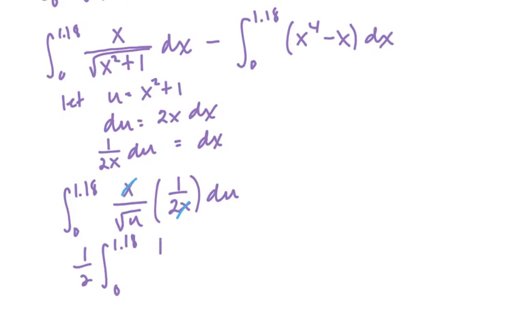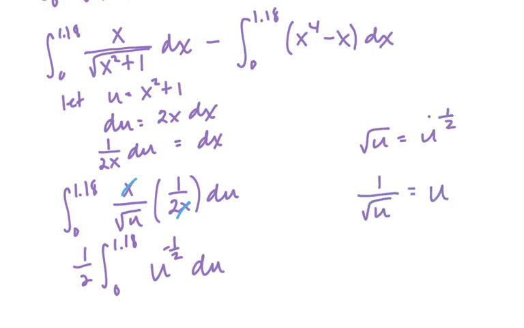And instead of writing 1 over the square root of u, let's write u to the minus 1/2 du. Remember that the square root of u is the same thing as u to the 1/2. And if it's on the bottom, then when it moves to the top, it becomes u to the minus 1/2.